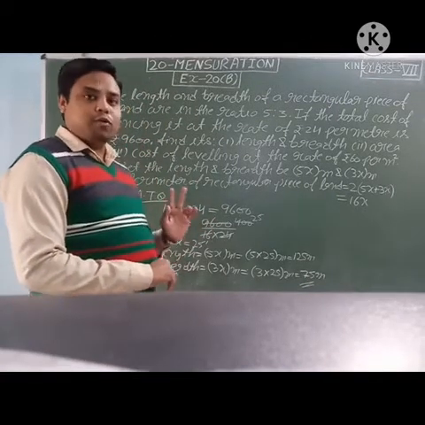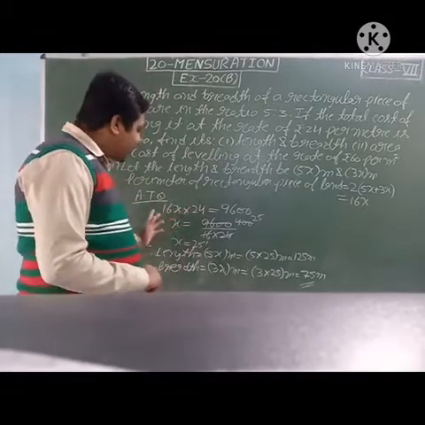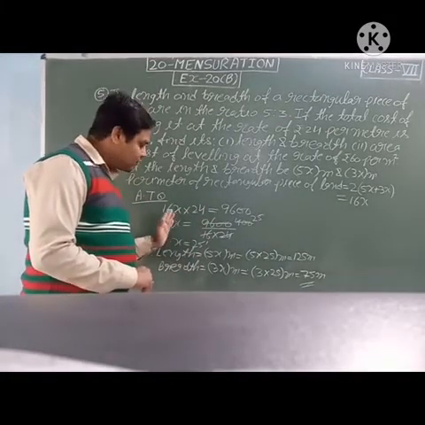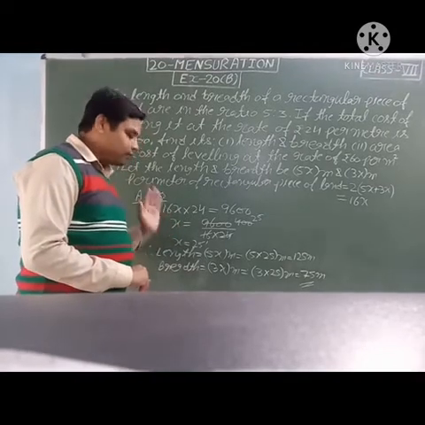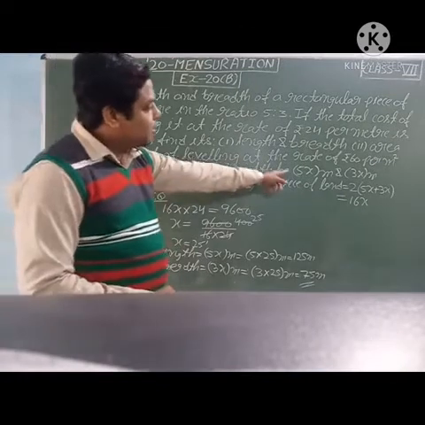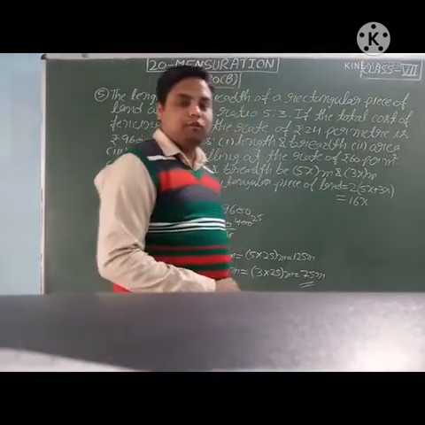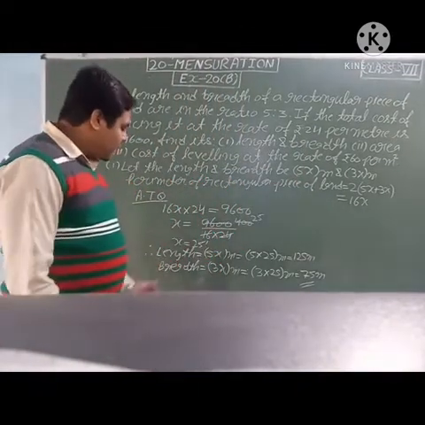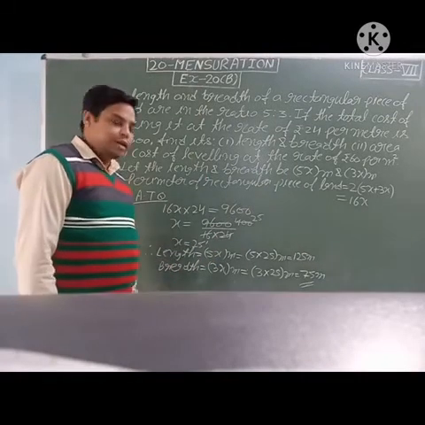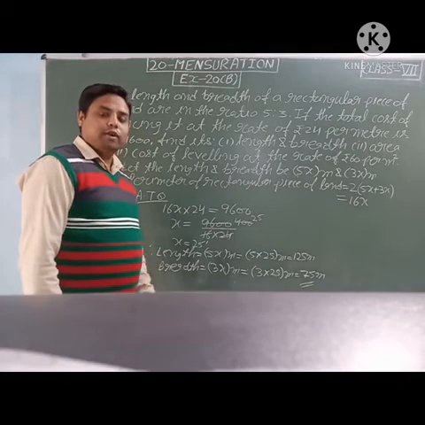We can make both equal, and after that we can find the value of x. After solving this, the value of x is coming 25. Then we put the value in 5x and 3x to find the length and breadth. After putting the values, we are getting length equal to 125 meter and breadth equal to 75 meter.